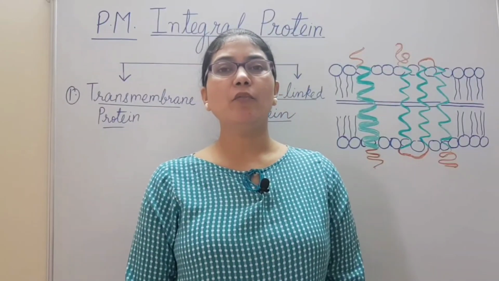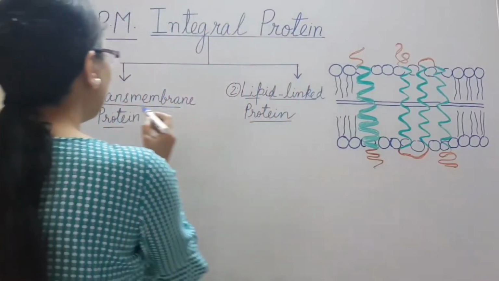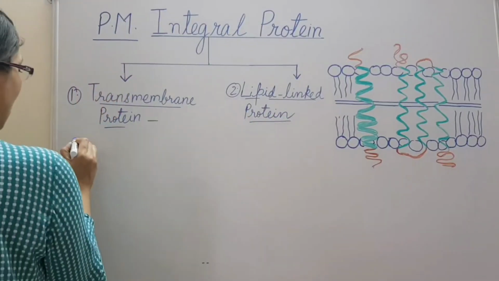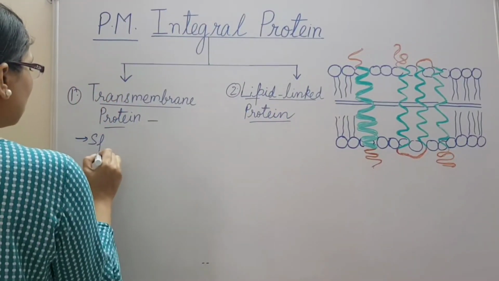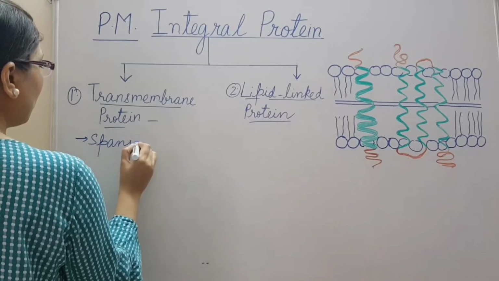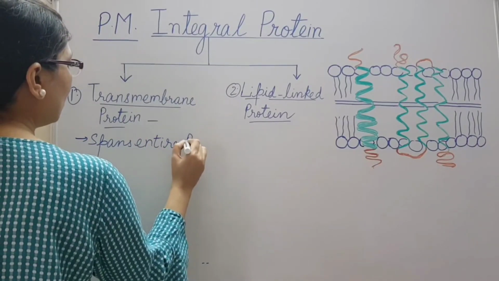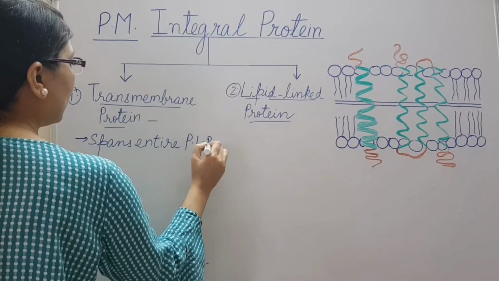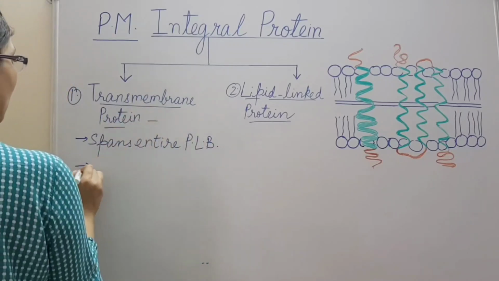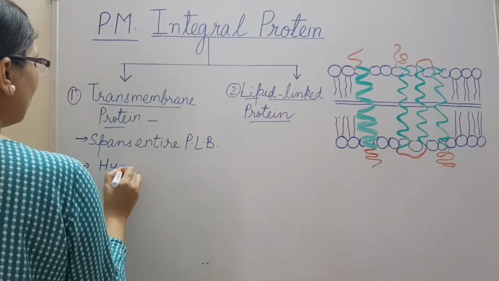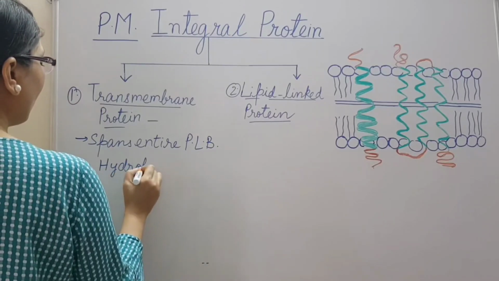Integral proteins are of two types: transmembrane protein and lipid link protein. Transmembrane protein spans the entire phospholipid bilayer, and the force that holds this transmembrane protein is hydrophobic force.